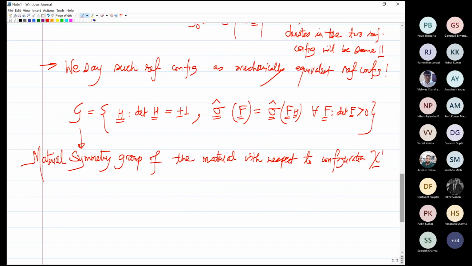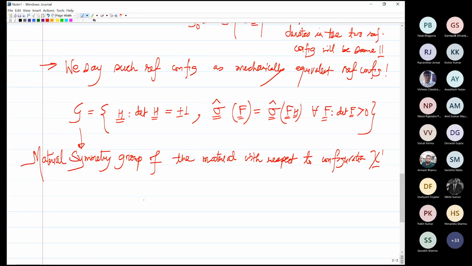See, it is important to qualify with respect to which configuration we are talking about the material symmetry group, because it is very likely that the symmetry group can change if you take different reference configurations.